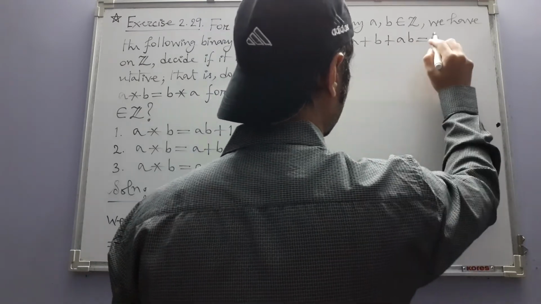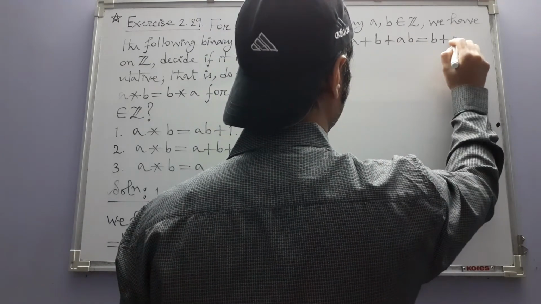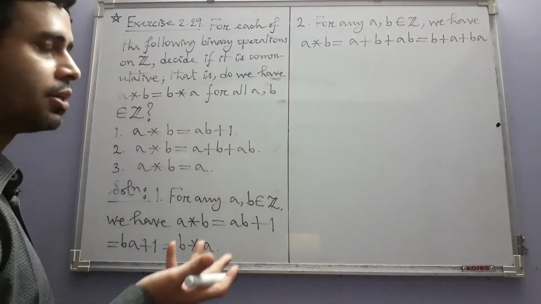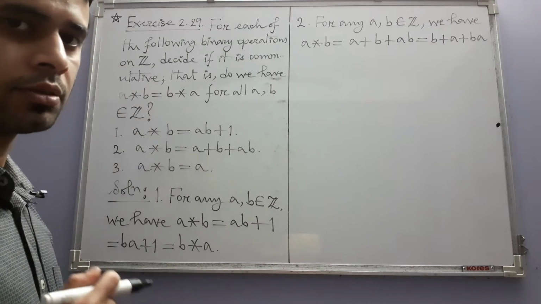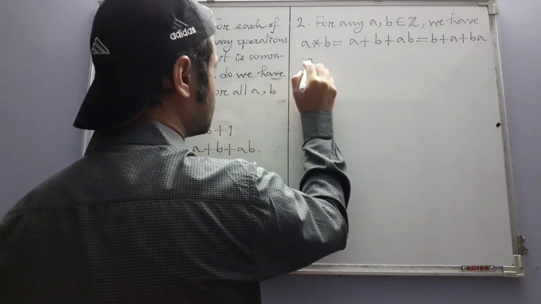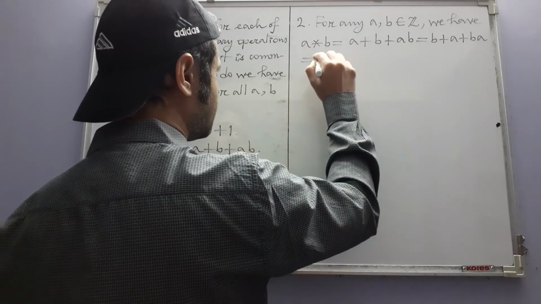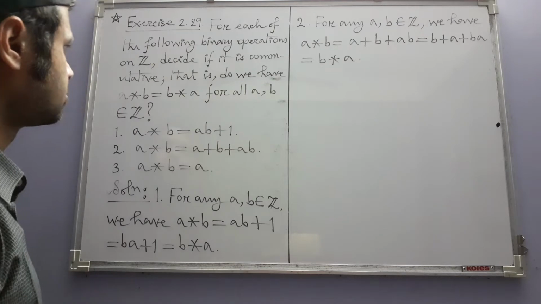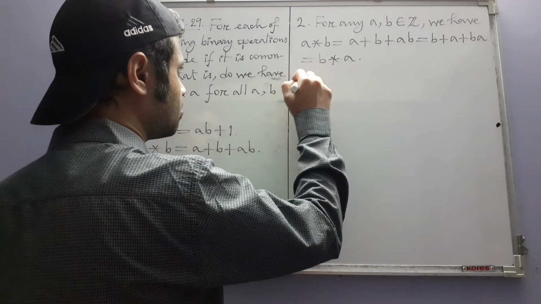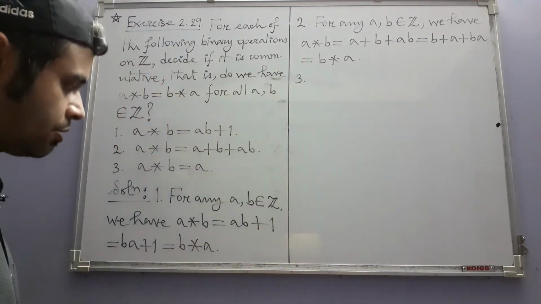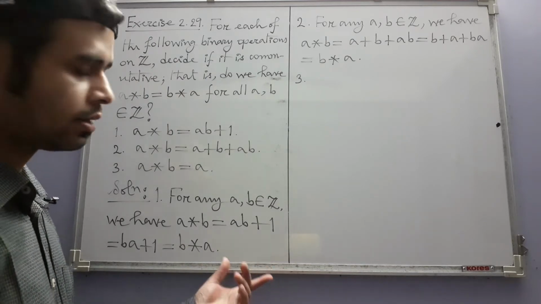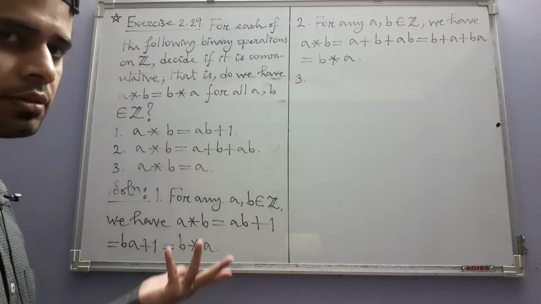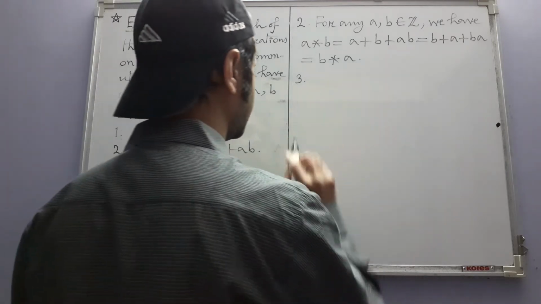Now this thing can also be written as b plus a plus ba, using elementary properties of addition and multiplication of integers, and that is by our definition of the binary operation b star a. Number 3, we should actually write after this one line that hence the operation star is commutative, which I am not writing. You can clearly see what the cases are.